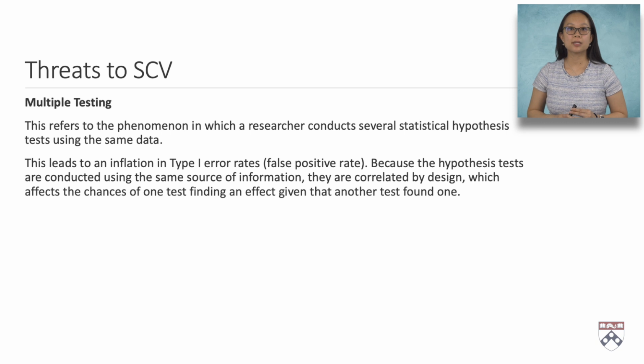And the reason why this is a threat to statistical conclusion validity is because it leads to an inflation in type 1 error rates, which again refer to the chances of making a false positive. Because the hypothesis tests are conducted using the same source of information, they are correlated by design, which affects the chances of one test finding an effect given that another test found one.